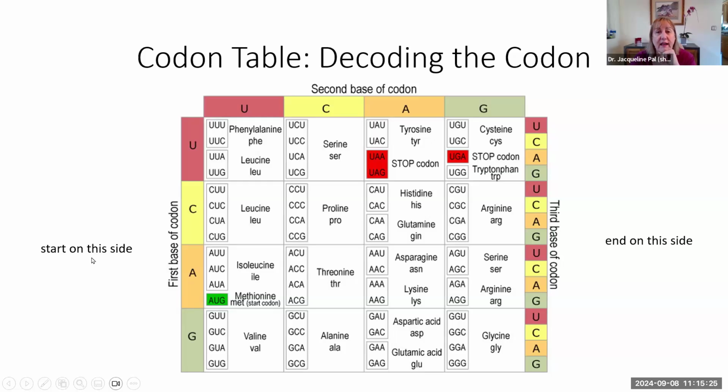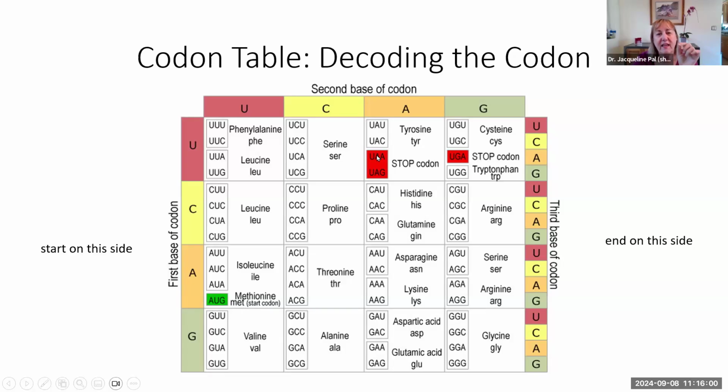So how do we decode the codons? We look at a codon table. So when we look at a codon table, you will notice there's C's, G's, A's, and U's written on all three sides. So we start on the left side where we look up the first base, and then we go to the top, and then we go to the third. So if we're starting with A and then U and G, you can see AUG here in green, methionine, and in parentheses, it says the start codon.